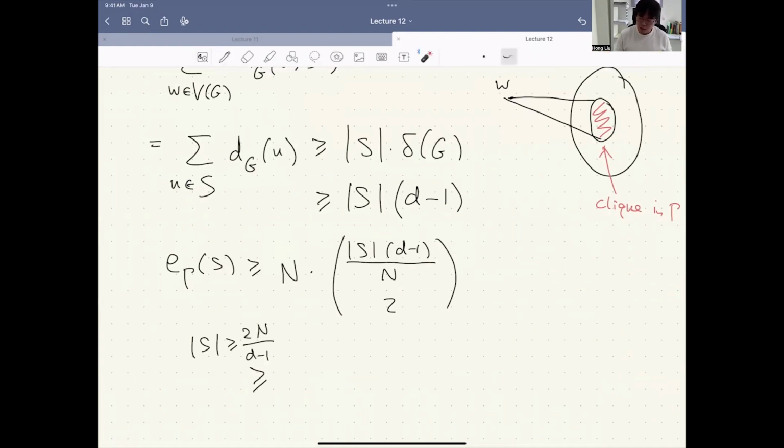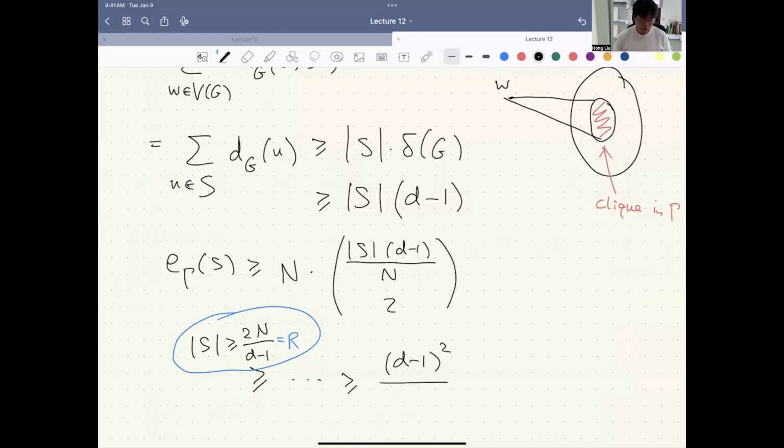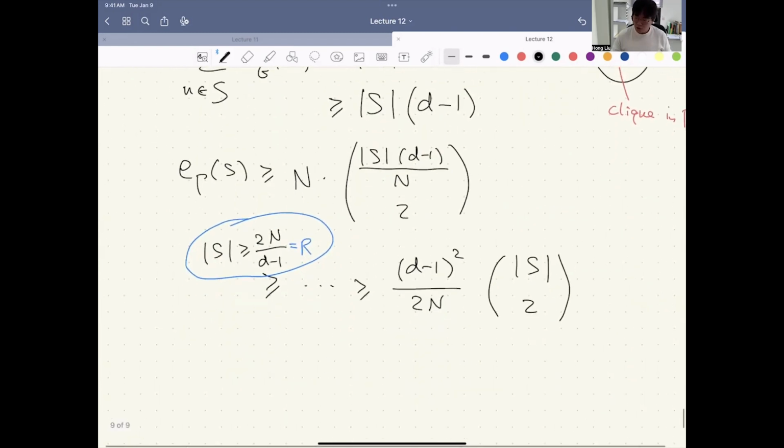You need a requirement here. This is how we're going to choose R in Kleitman-Winston. This will be at least, with some computation, (D minus 1) squared over 2N times S choose 2. Okay, and this will be our beta in Kleitman-Winston.